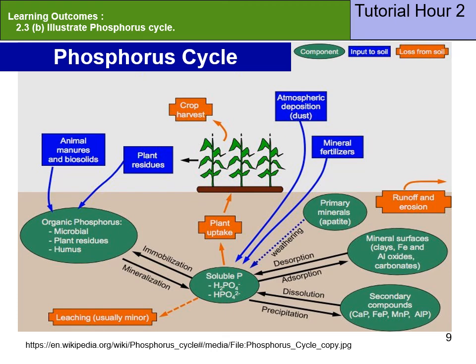Then plants take up inorganic phosphate from the soil. The plant may then be consumed by animals. Once in the plant or animal, the phosphate is incorporated into organic molecules such as DNA. When the plant or animal dies, it decays, and the organic phosphate is returned to the soil.